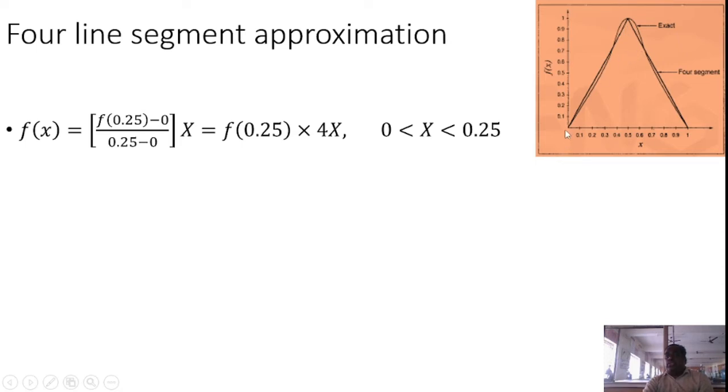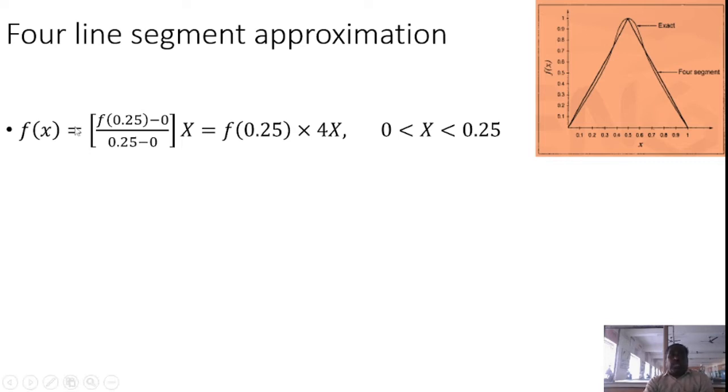The first line segment starts from 0 and ends at a point named 0.25, the second line starts from 0.25 and ends at 0.5, the third line starts from 0.5 and ends at 0.75, and the fourth line starts from 0.75 and ends at 1. So four line segment approximation is also possible according to Seshu.